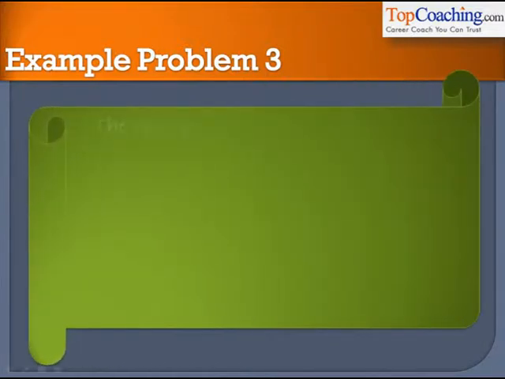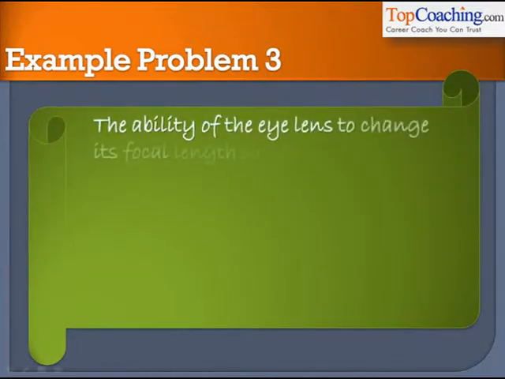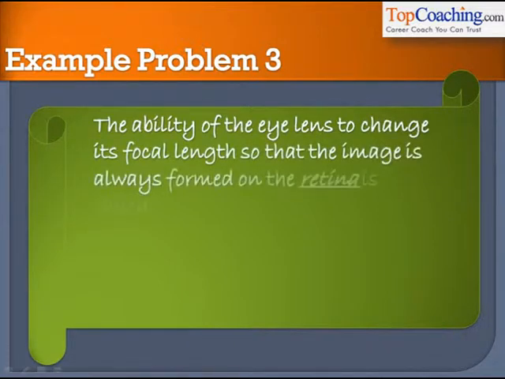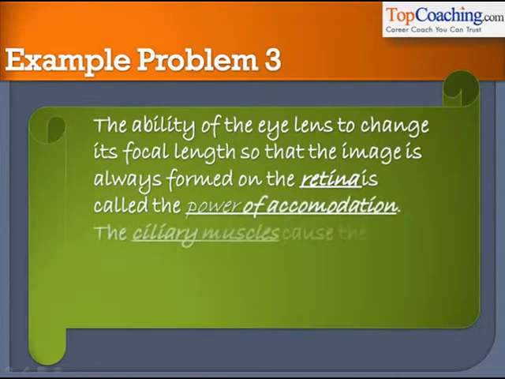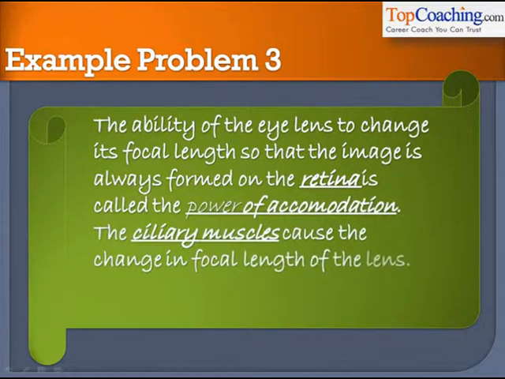Let's take a look at the statement again. The ability of the eye lens to change the focal length so that the image is always formed on the retina is called the power of accommodation, isn't it? We had already learnt about it. We had learnt that the ability of the eye lens to change its focal length is called the power of accommodation, and this happens so that the image is always formed on the retina.